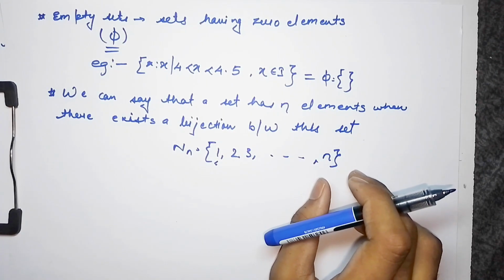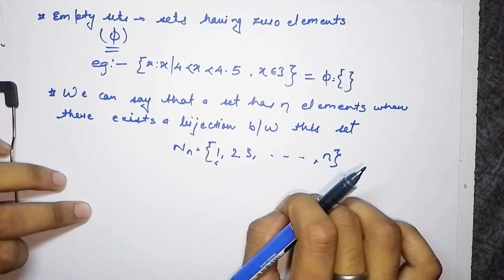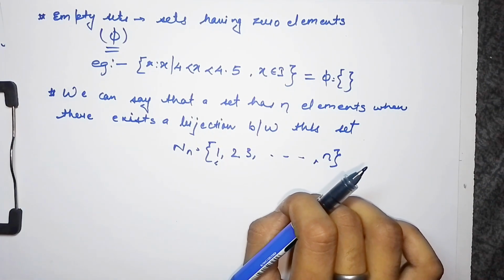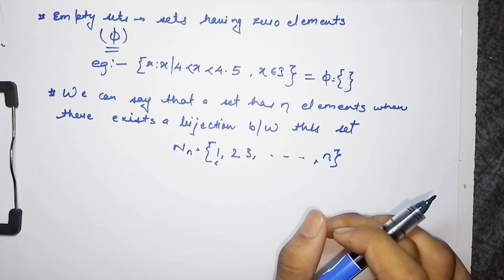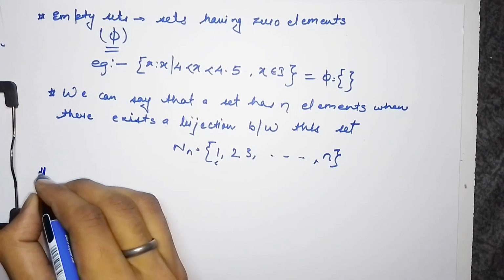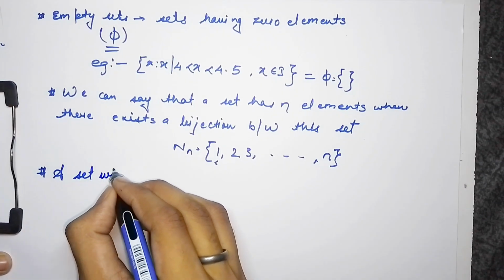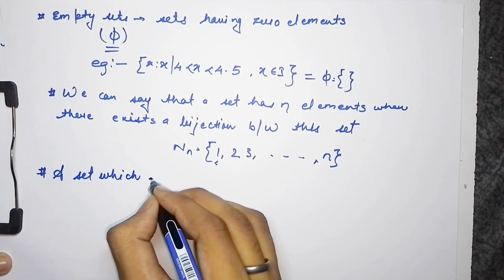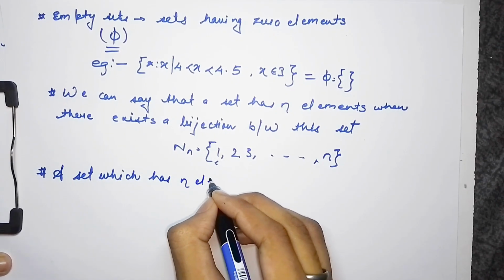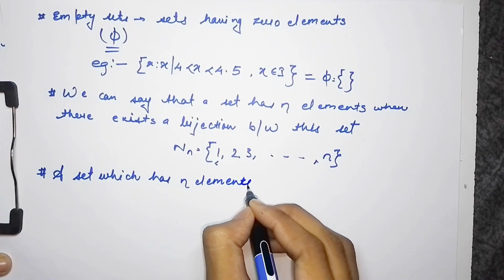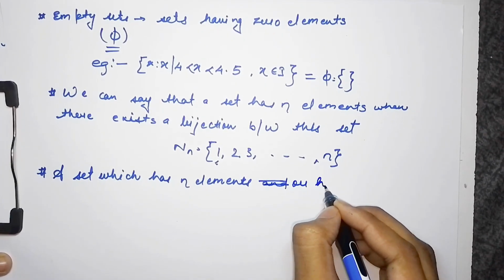Now let's move to finite sets. So what is a finite set? A set which is finite has n elements or is an empty set. Let me repeat it and write it on the paper. A set which has n elements, or has zero elements.